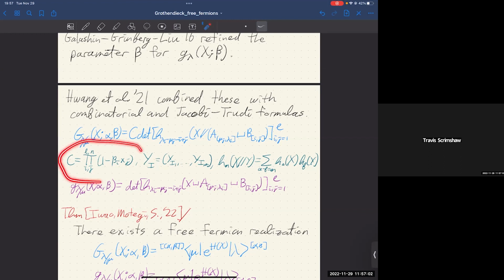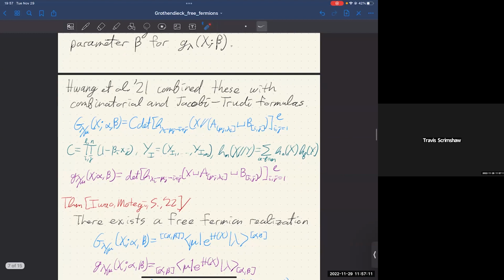And then I have this extra normalizing constant out here that also involves my x variables. And then for the little g lambdas, it's actually much easier because I just take a very big alphabet, but otherwise they're just homogeneous symmetric functions.